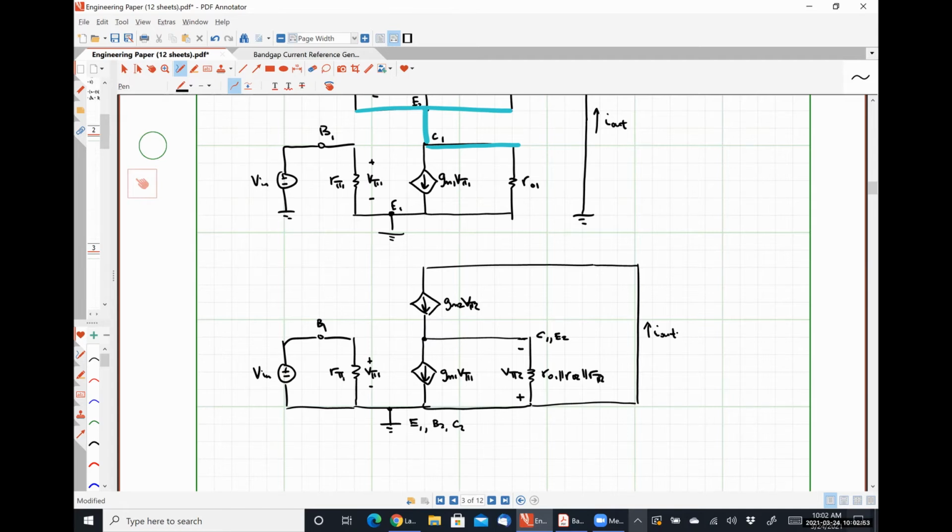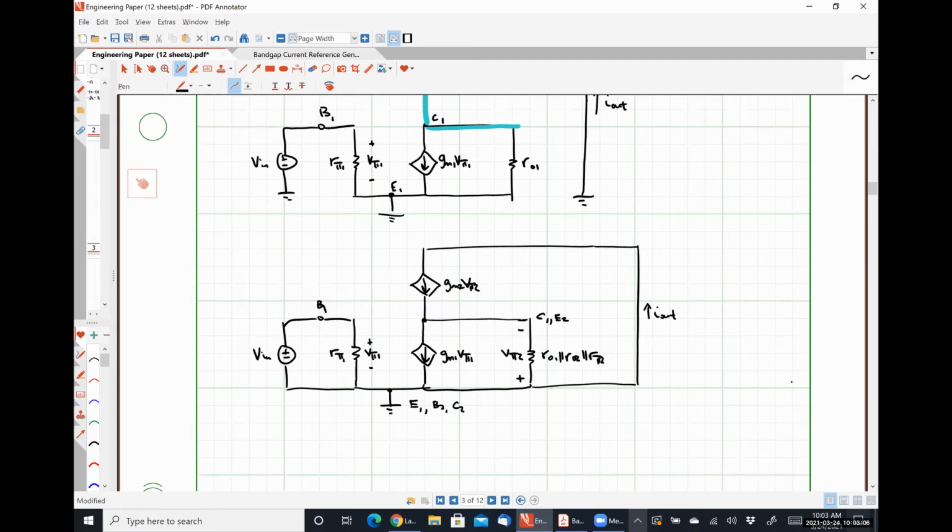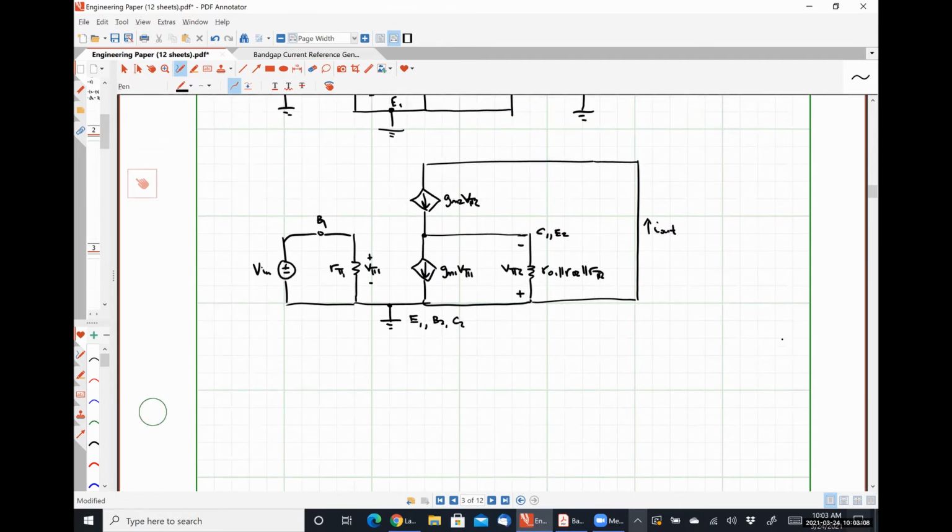So I put all three resistors in parallel and simplified this as much as I possibly can, and I can make some observations with this representation that I feel are pretty straightforward.